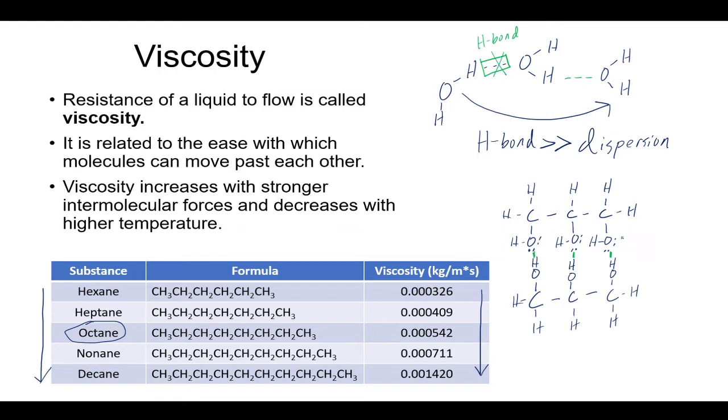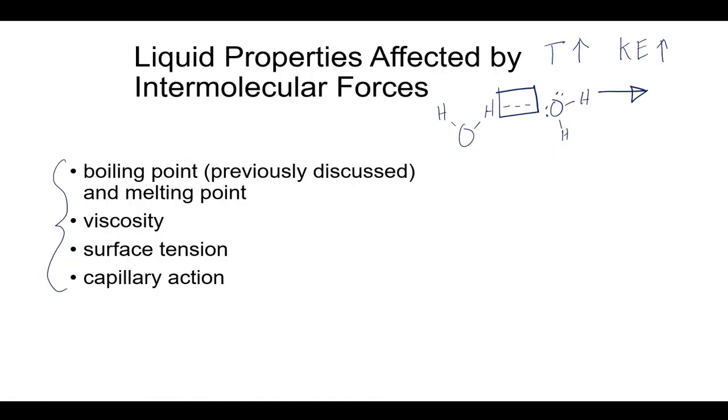And so as the amount of hydrogen bonding sites per molecule increases, the viscosity will increase. And glycerol is this really high viscosity fluid, a large resistance to flow. It oozes out of the container if you try to pour glycerol. Okay, so that's viscosity, one of the properties that is affected by these intermolecular forces.